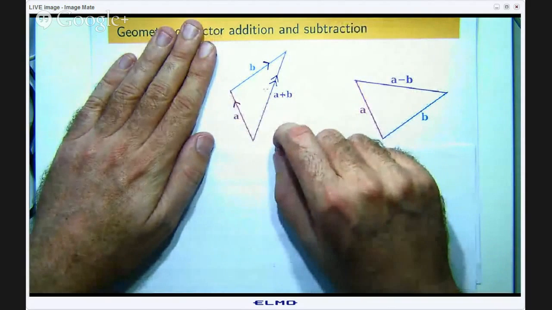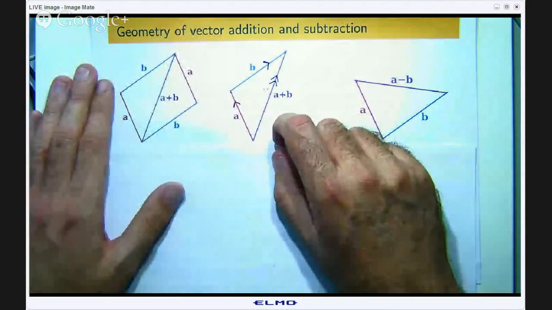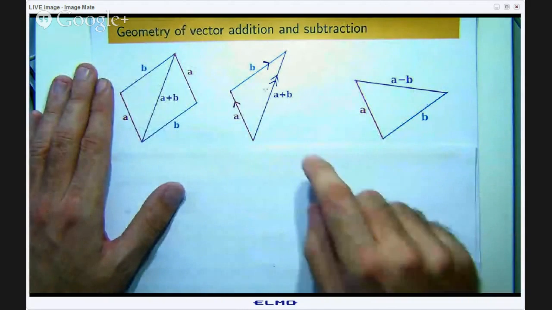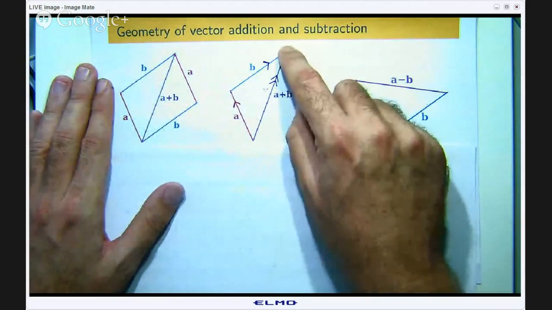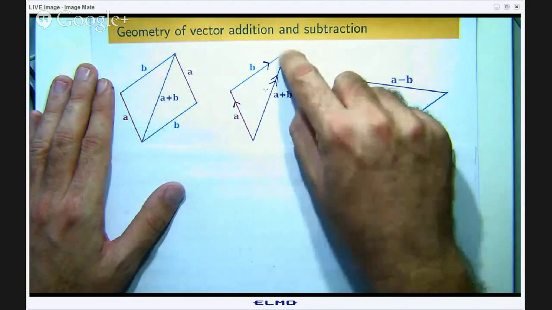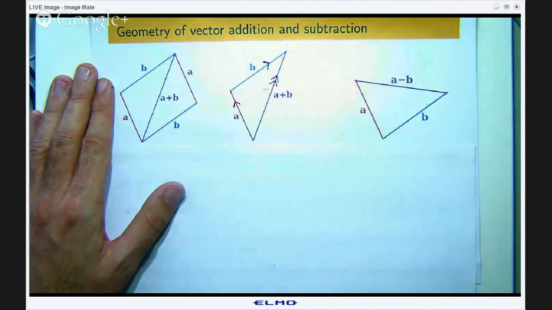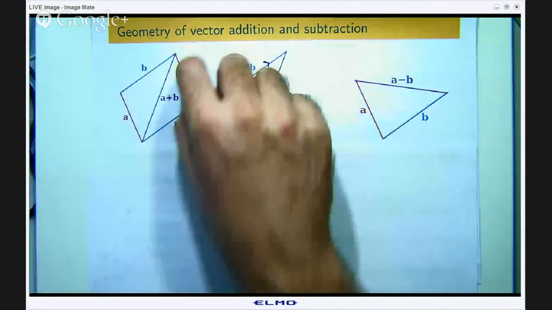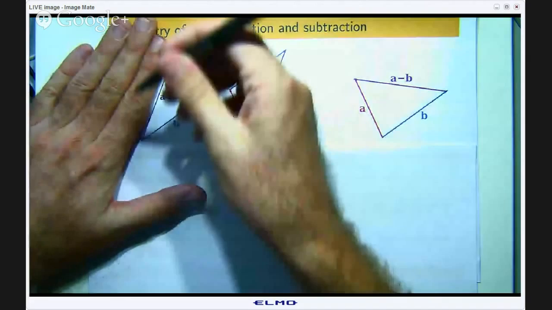Now, I don't have to put the tail point of B on the head of A. I could, if I wanted to, put the head point of B to the tail point of A. So you can see in this diagram here, just forget about the top triangle.